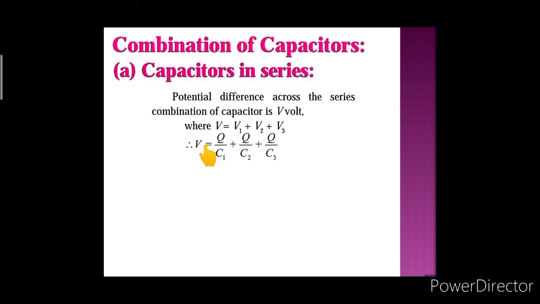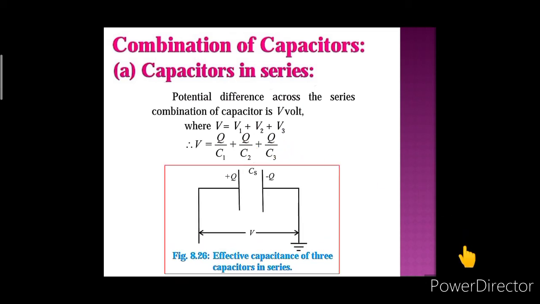So here we have to substitute the value of V1, V2 and V3, and hence V is to be written as Q upon C1 plus Q upon C2 plus Q upon C3. And hence, the effective capacitance of three capacitors in series is given over here, as all the three capacitors are connected in series after one another.